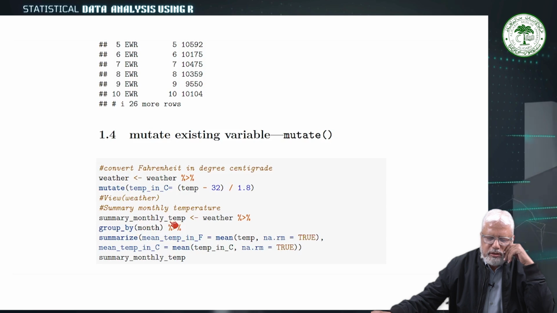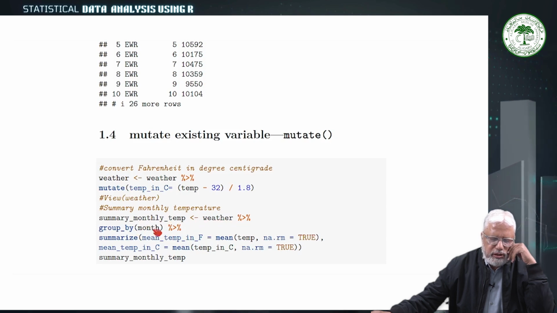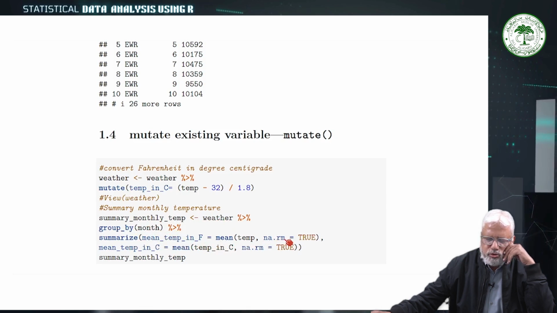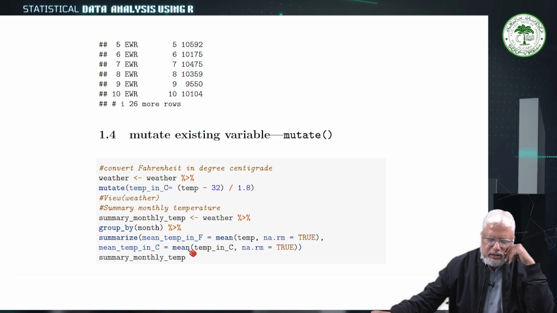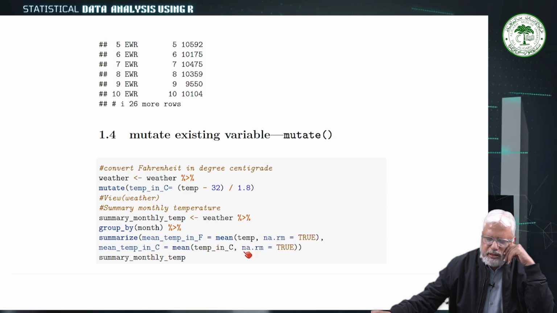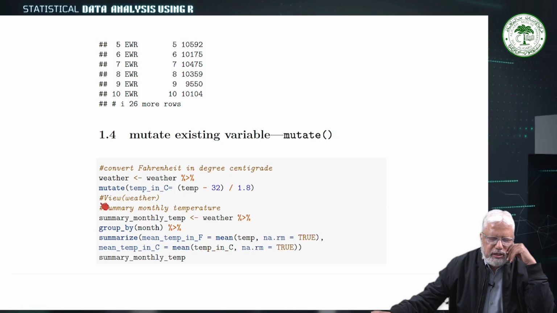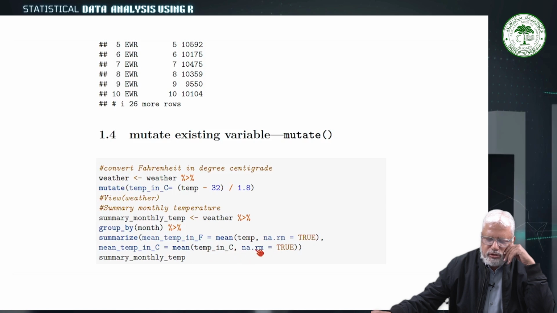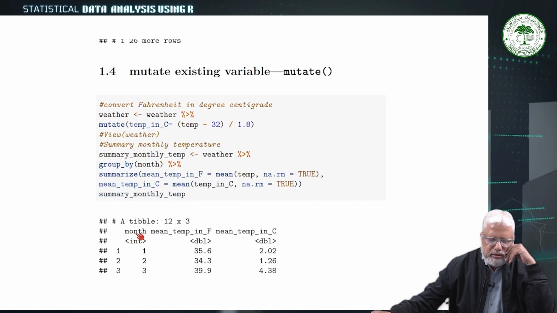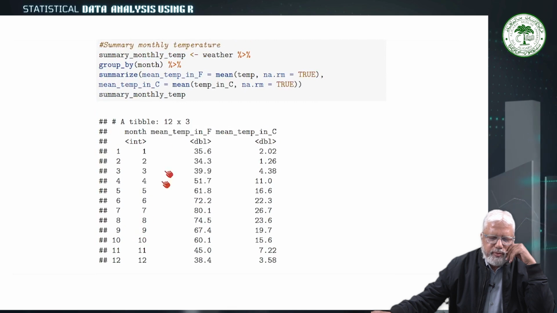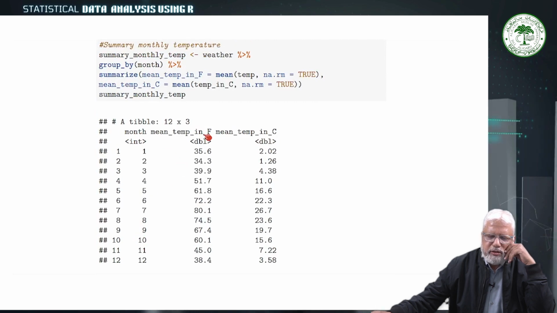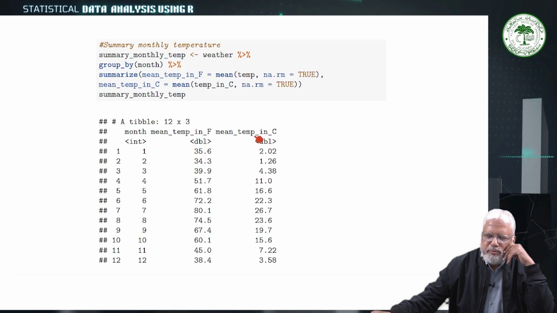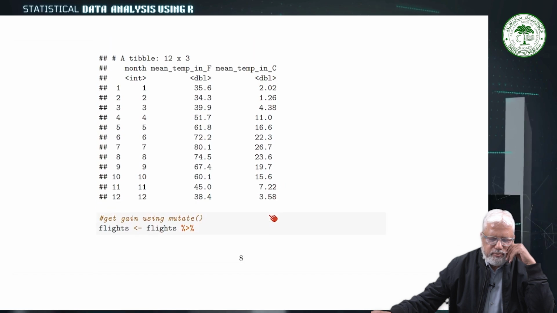Summary underscore monthly temp is equal to weather, then group by month, then summarize mean temperature in Fahrenheit is equal to mean temp, na.rm equal to true, and mean temp in degree centigrade is equal to mean of temp in degree centigrade, na.rm equal to true, because temp in degree centigrade has been created by mutate. So it will give the summary of temperature in degree centigrade also. And this is the 12 months, this is the mean temperature in Fahrenheit, and this is the mean temperature in degree centigrade.